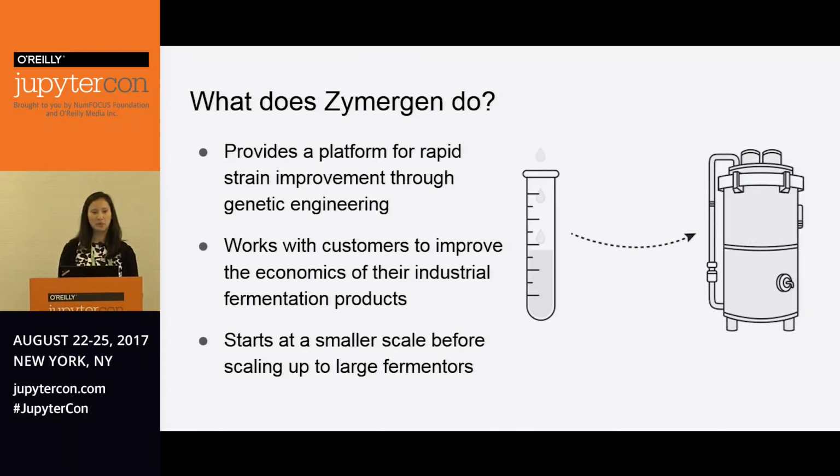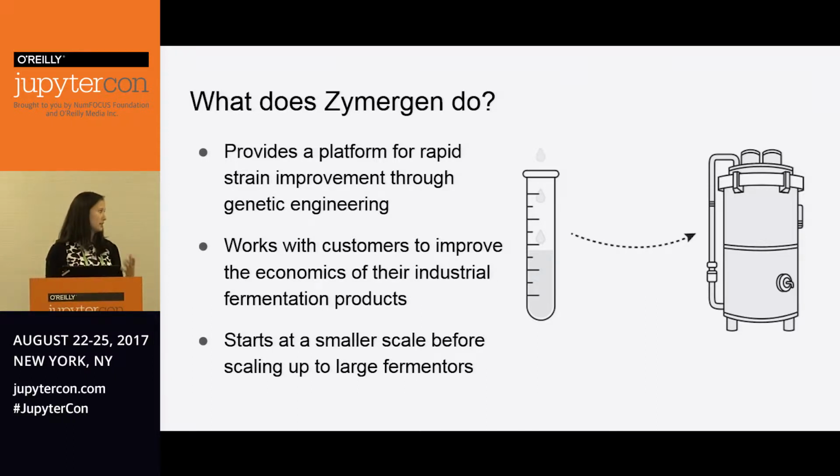The way that fermentation works at these giant fermentation companies is they're in these massive tanks. Testing on these massive tanks would be incredibly time-consuming, really costly, and really resource-intensive. And so with our platform of attempting to make lots of strains and finding the best ones, we need to start at a smaller scale.